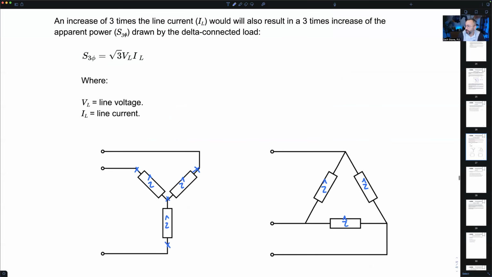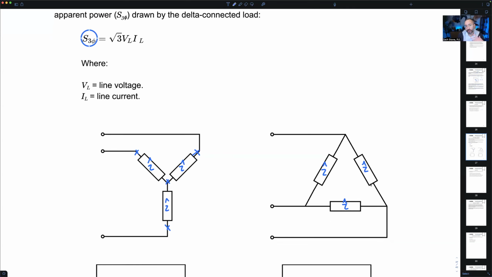The easiest way to think about this is we're being asked about the relationship with apparent power. Here's our formula for 3-phase apparent power: square root of 3 times the magnitude of the line voltage times the magnitude of the line current.